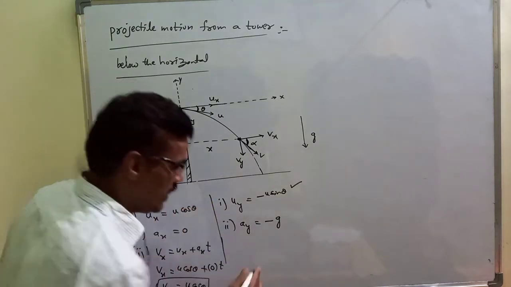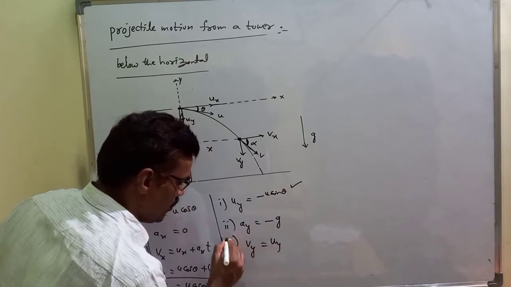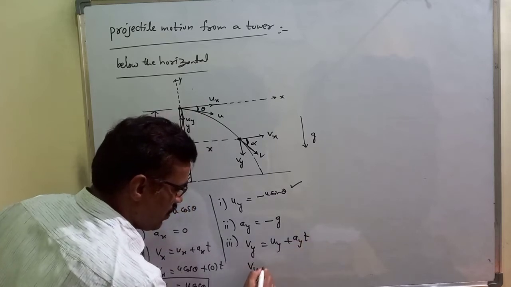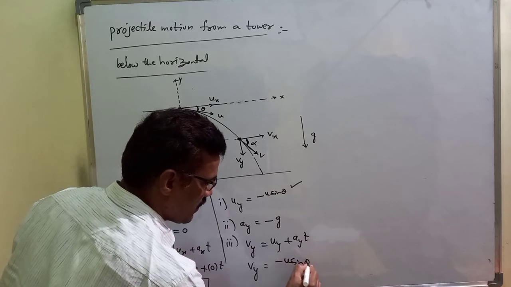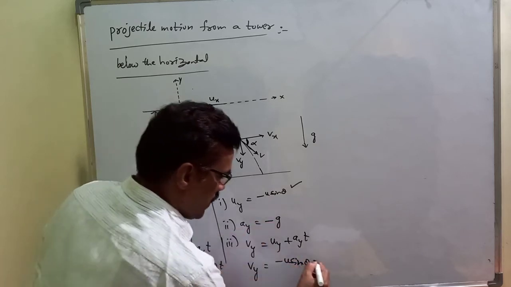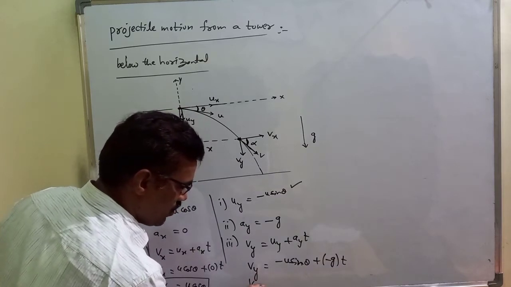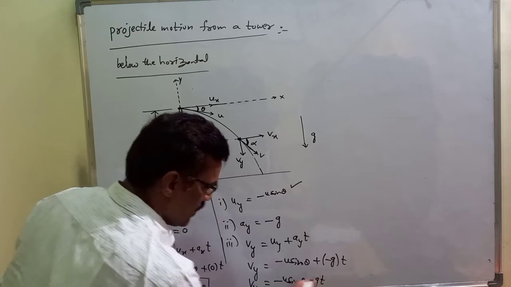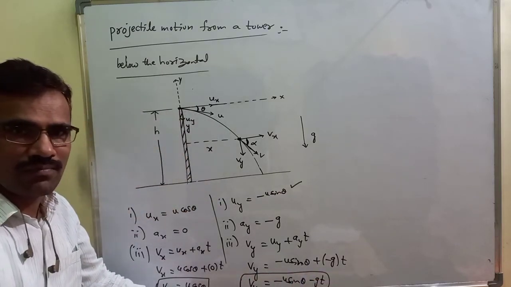But the vertical component, Vy equals Uy plus Ayt. Here Uy is minus U sin theta, plus minus g t. Vy is equal to minus U sin theta minus gt. This is the vertical component of velocity after t seconds.